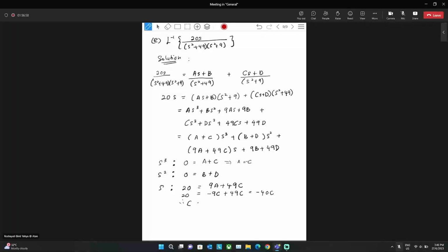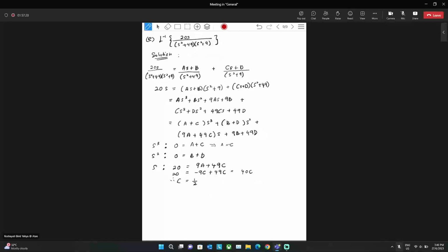So C equals positive, oh sorry, it's positive. C equals 1 over 2. Since C equals minus A, or A equals minus C, A equals negative 1 over 2.